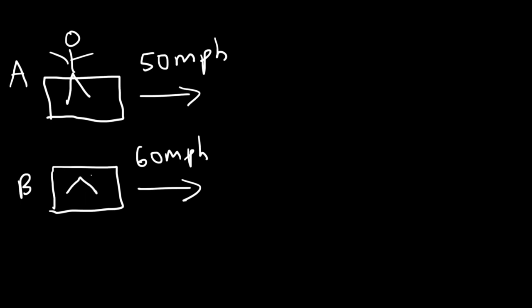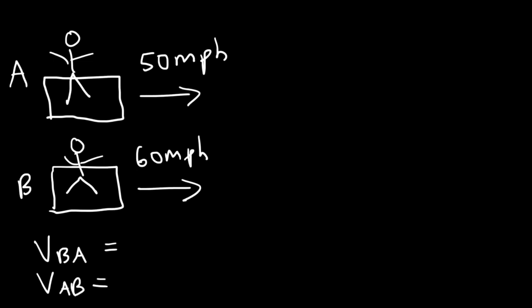Now let's say there's a person on this train as well. If they're both moving in the same direction, calculate the relative velocity of B with respect to A, and also find the relative velocity of A with respect to B.